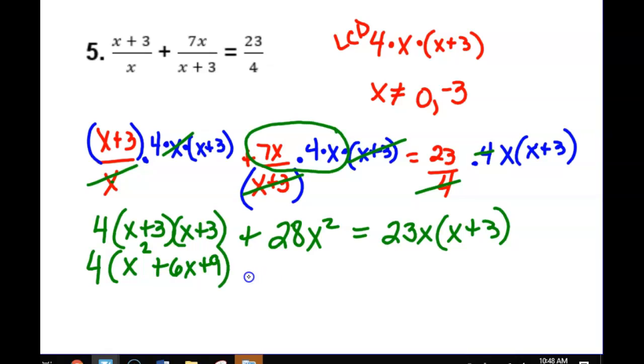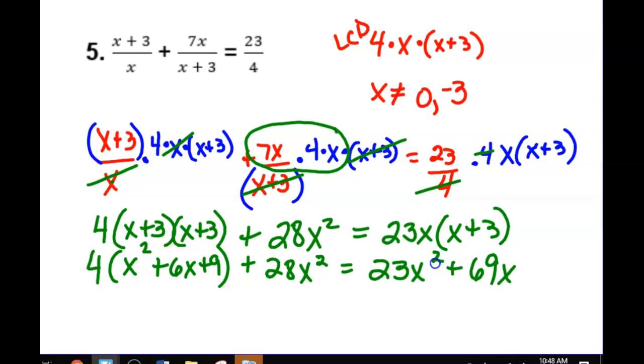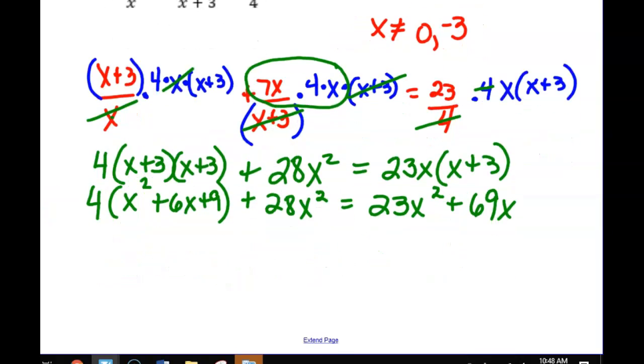Here you go. Good job. And if I distribute over here, 23x squared plus 69x. Did I multiply that right? All right. Still got to distribute this 4.